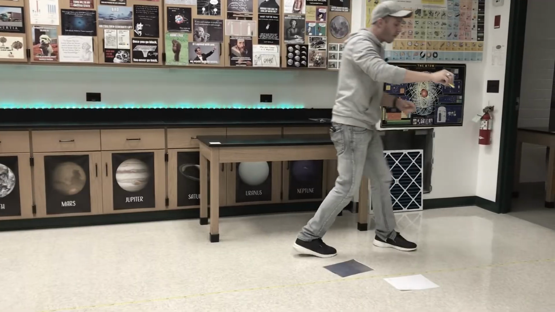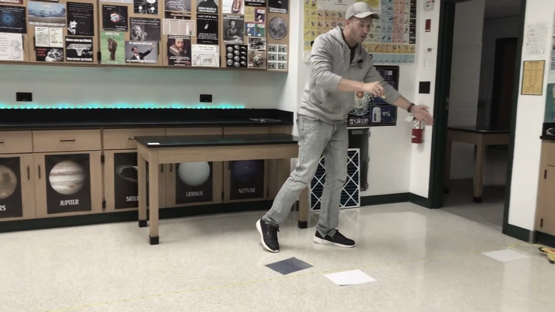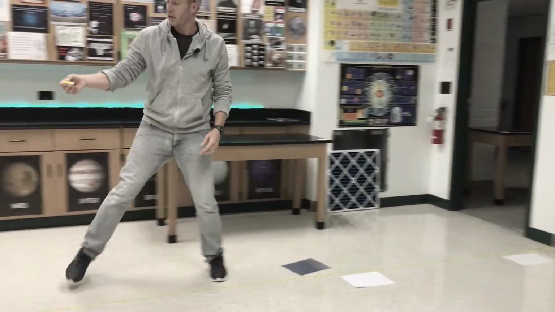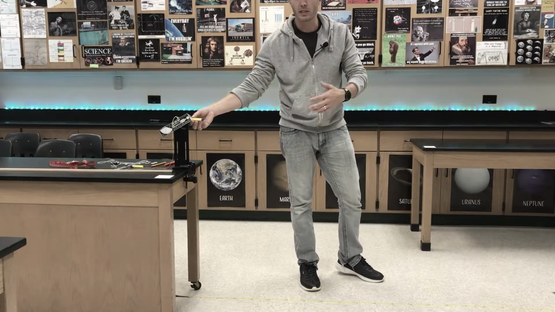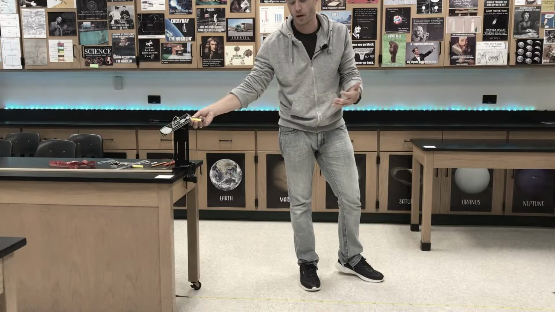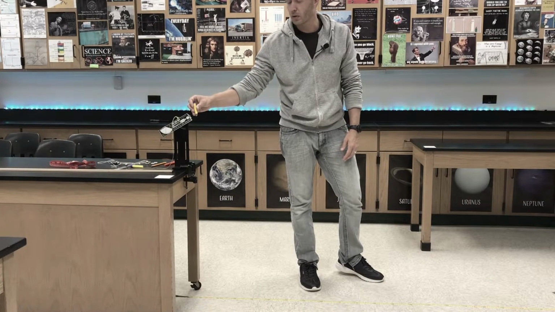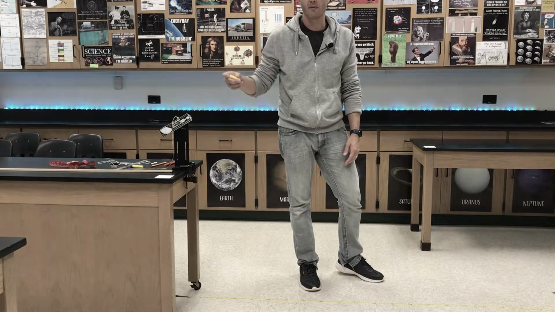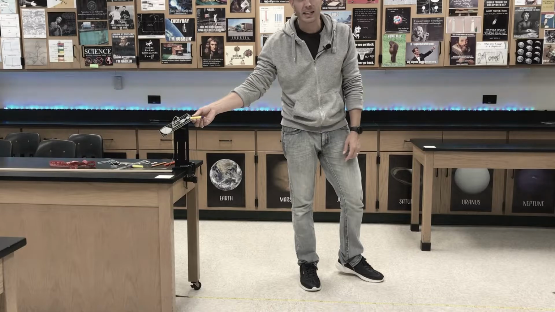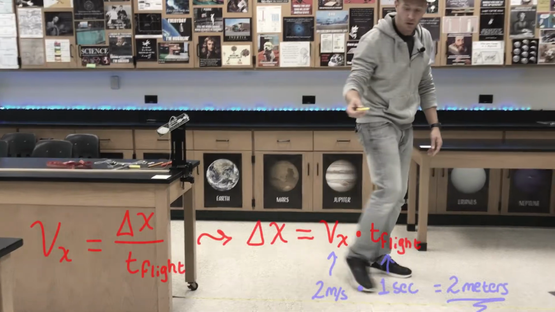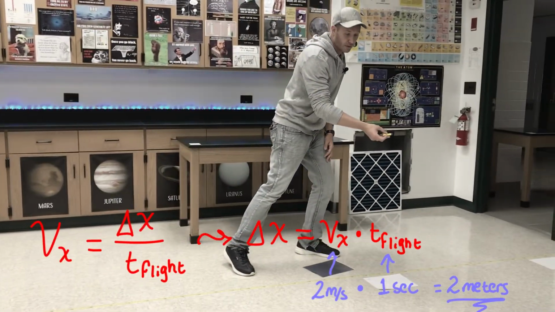you can determine how far downfield it's going to go, as I said, by using the horizontal component of that. If you find the horizontal component to be, let's have a nice number, 2 meters per second, and you use the vertical component to determine that the projectile is going to be in the air for 1 second, then it should make sense that for that entire second that it's in the air, it's going to travel 2 meters downfield.